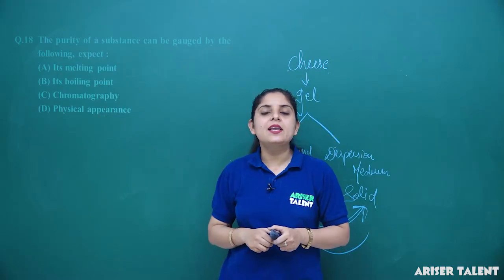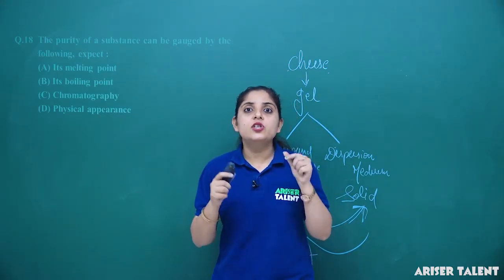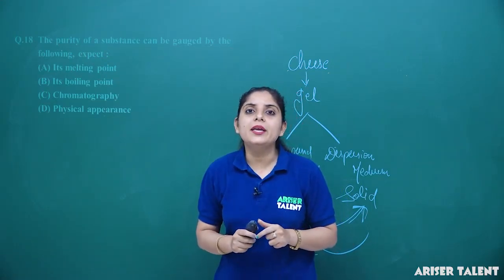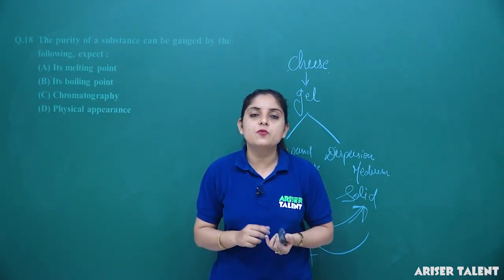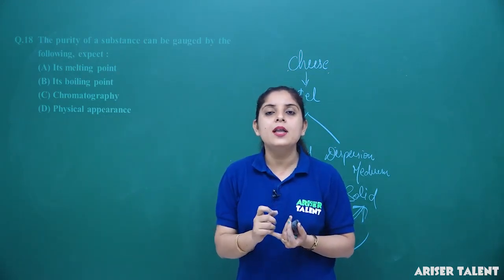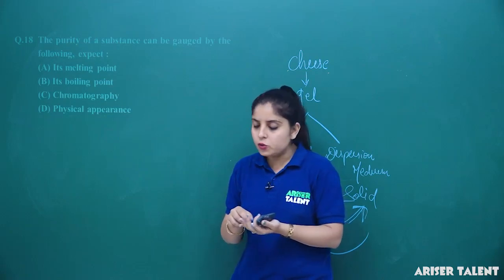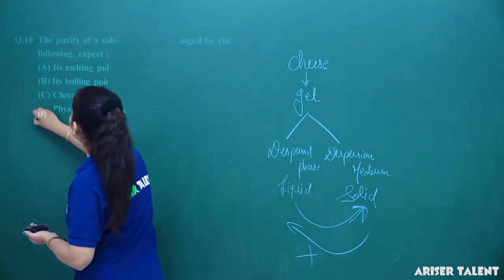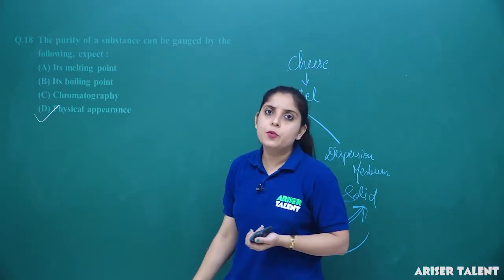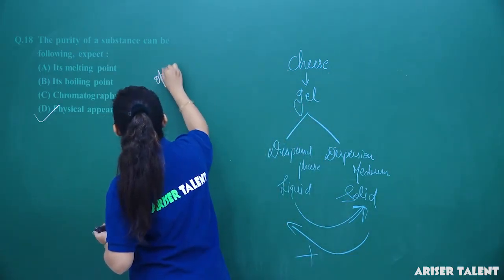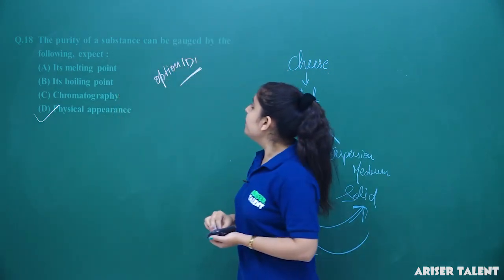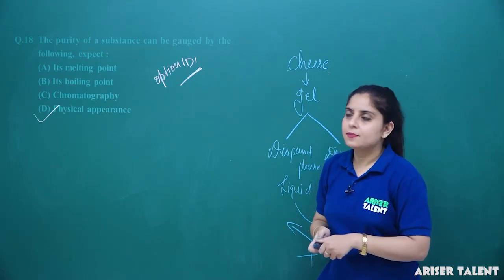So physical appearance does not matter here. Just by looking at the physical appearance of a substance, you won't be able to determine its purity. You have to check its melting point, its boiling point, and chromatography. Except this option, all are factors used to determine the purity. So option number D will be the correct option in this case.